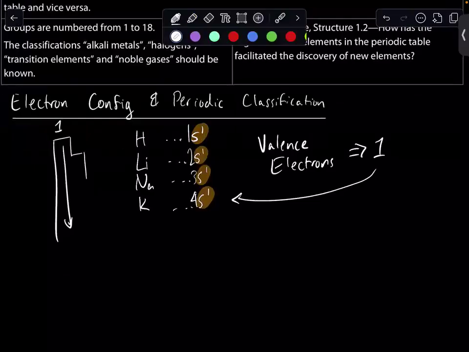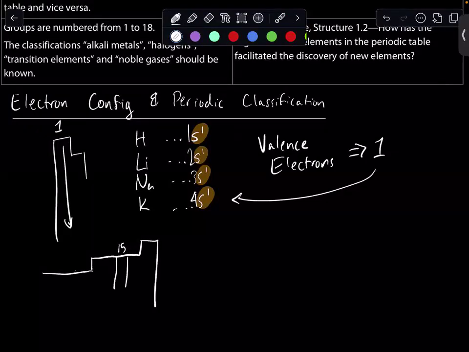If we moved over to maybe group 13, or even we'll say group 15 right here. In group 15, we start off with nitrogen, then phosphorus, then arsenic, and so on and so forth.